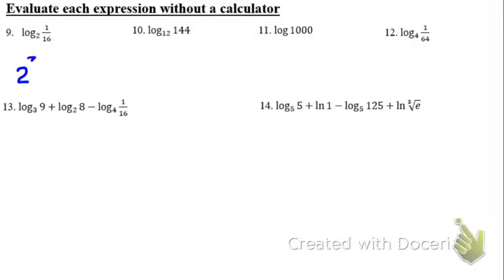So 2 to what power would give me 1 over 16? -4. So that would evaluate to -4. What about number 10? 2, because we're saying what's the exponent on our base? So 12 to what power equals 144?